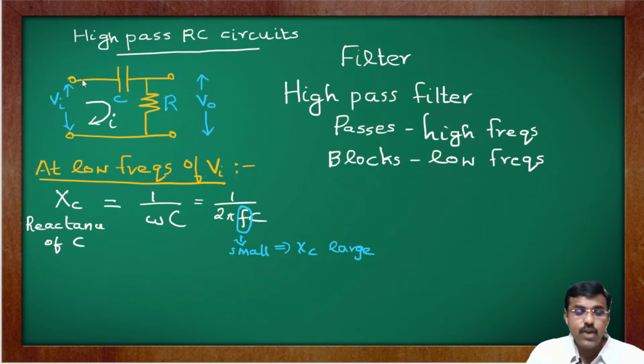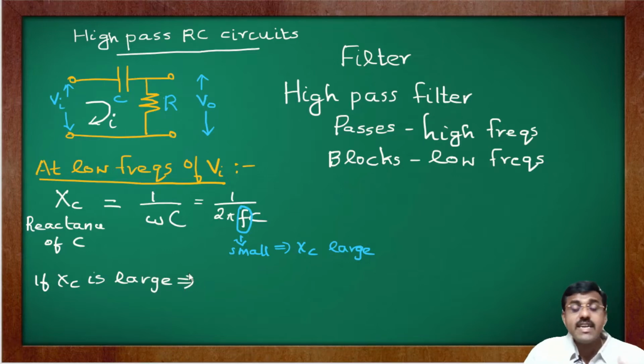If Xc is large, the majority of the input voltage will drop across the capacitor.